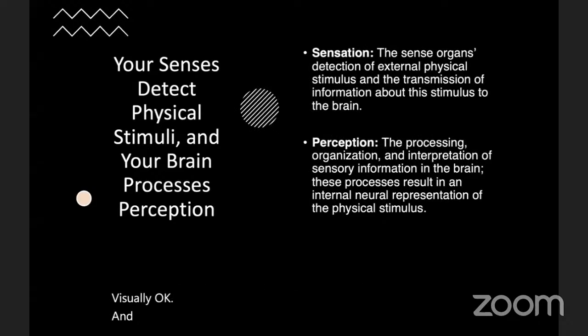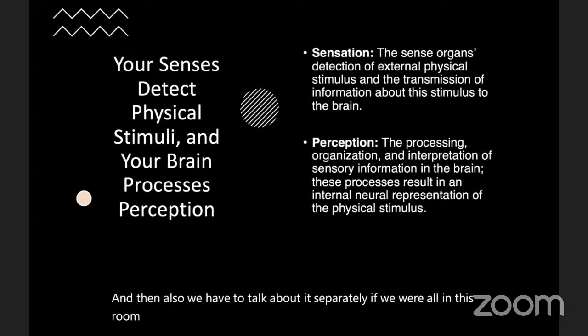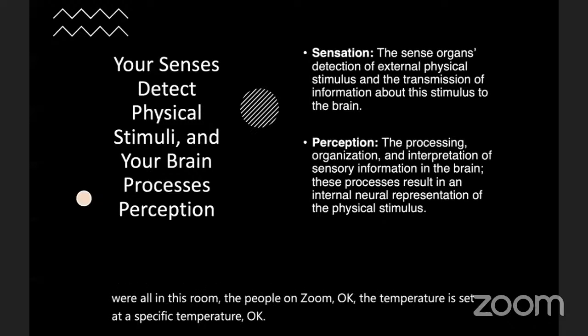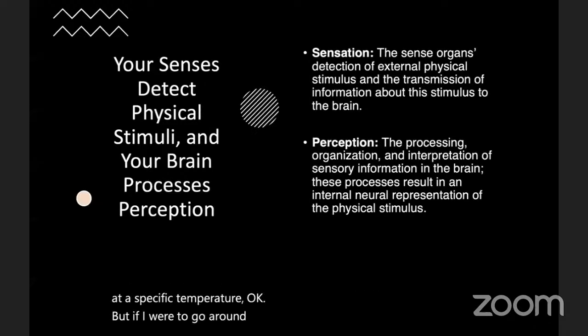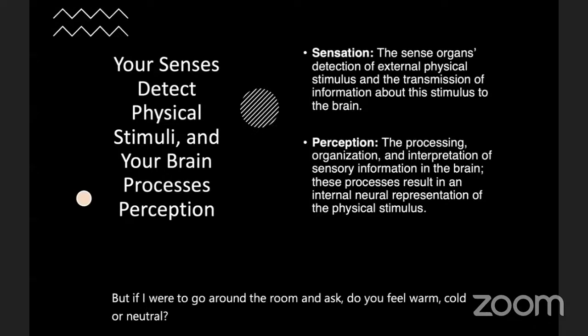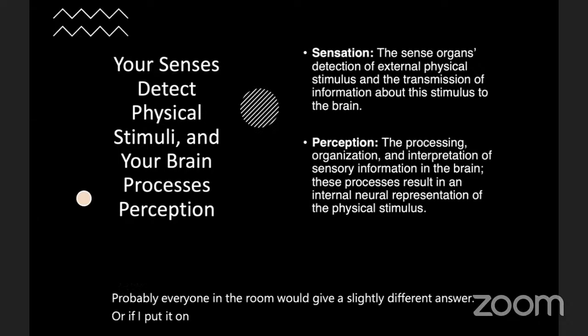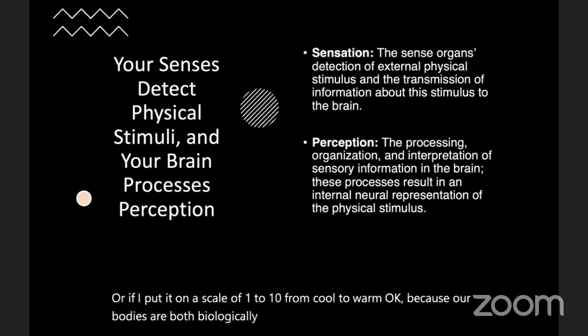And then also we have to talk about it separately, you know, if we were all in this room, the people on Zoom, okay, the temperature is set at a specific temperature, okay? But if I were to go around the room and ask, do you feel warm, cold, or neutral? Probably everyone in the room would give a slightly different answer. Or if I put it on a scale of 1 to 10 from cold to warm, okay? Because our bodies are both biologically and psychologically tuned to try and make sense of the temperature in the room.